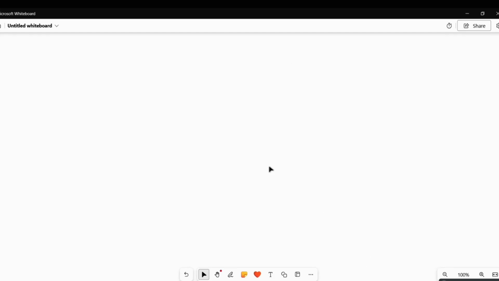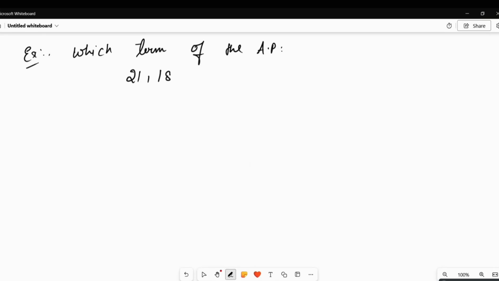Okay. Example, what he has given: which term of the AP, write down the question, which term of the AP 21, 18, 15, and it goes on, is minus 81? Also, is any term 0?